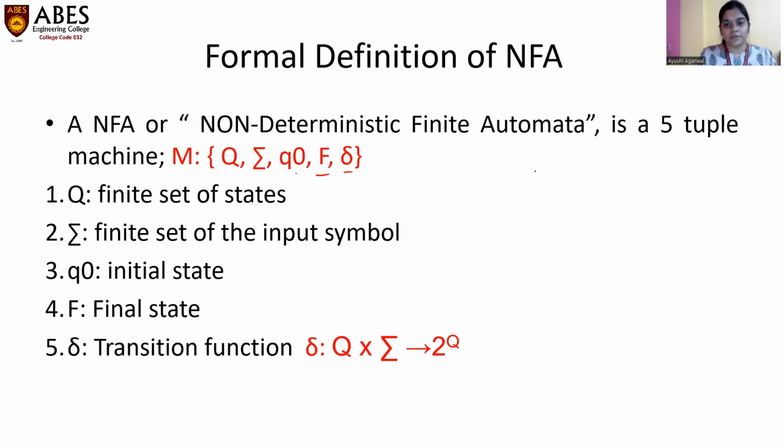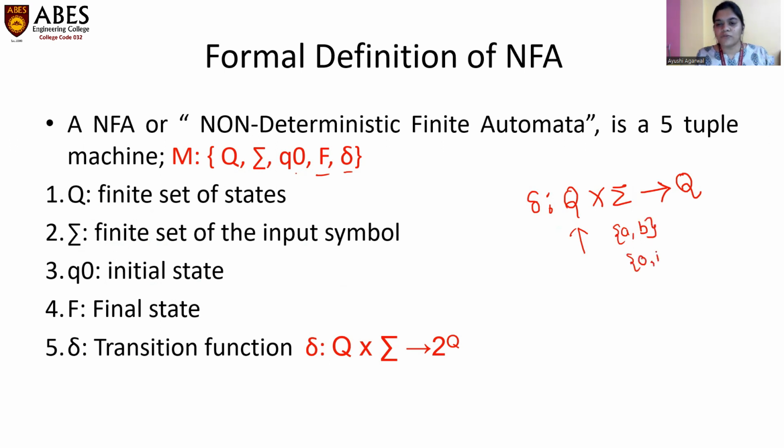In case of DFA, we have the transition function as Q cross sigma gives Q. That means if we are moving from one state by reading some input symbol, let's say A or B or 0, 1, we are moving to one particular state from the set of Q.